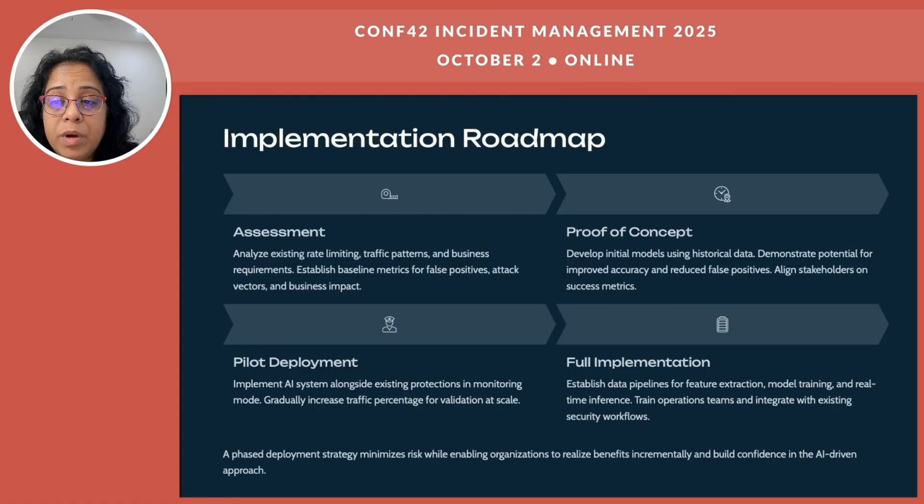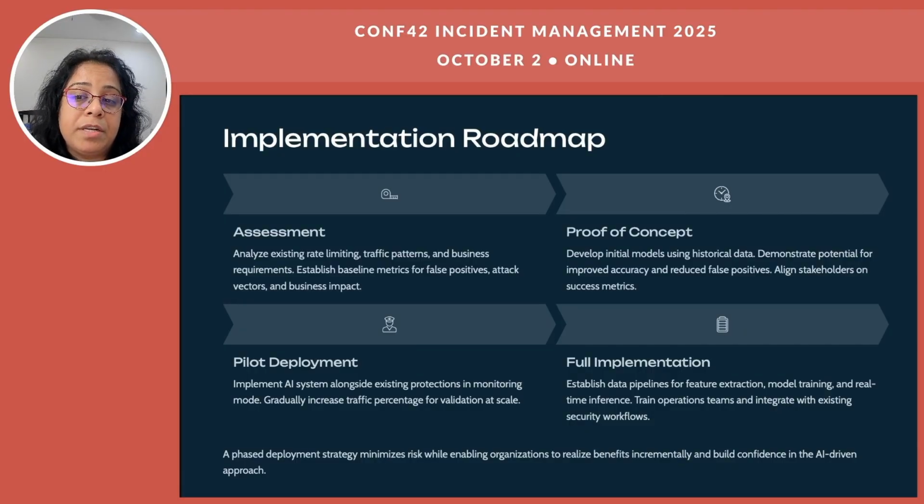How do we know it's working? We need both technical metrics like detection accuracy, performance, resource utilization and adaptation rates, and business impact metrics. Remember Sarah's story? The real success wasn't just blocking the attacks, but the revenue impact of not blocking legitimate users and improved customer satisfaction, fewer support tickets, and reduced infrastructure costs.